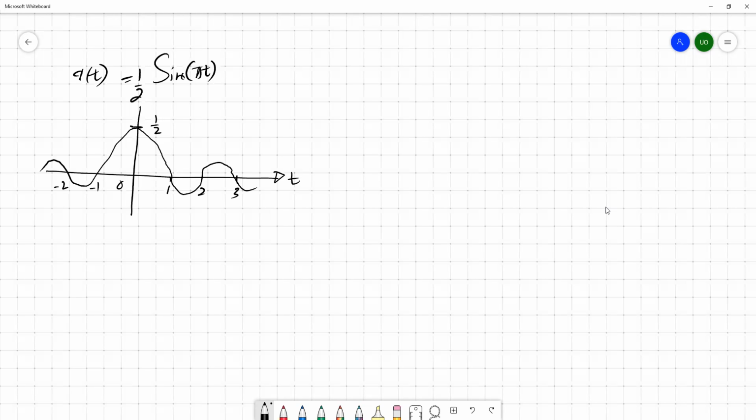Likewise, for example, you can have a sinc(2πt/3), or something like that. Then you can argue that the inner argument should be a multiple of π. So 2πt over 3 should be n times π, the multiples of π.